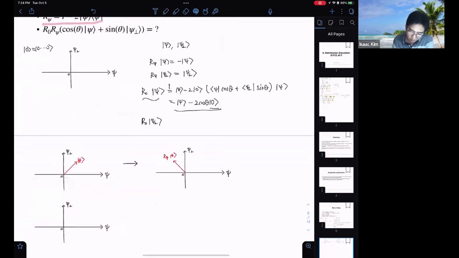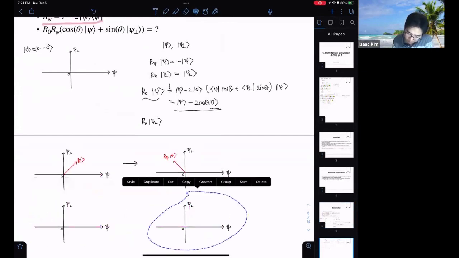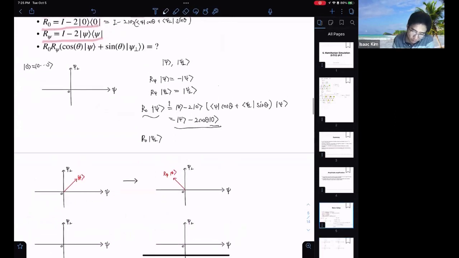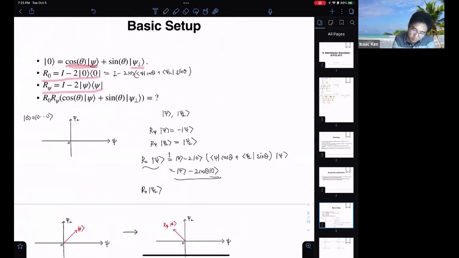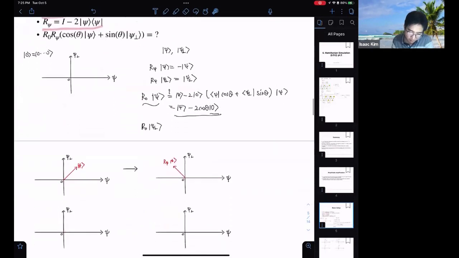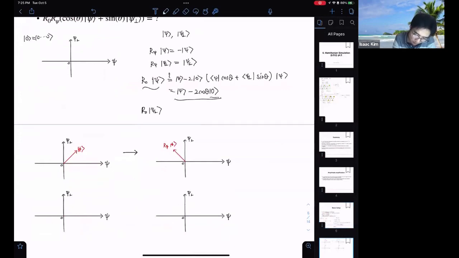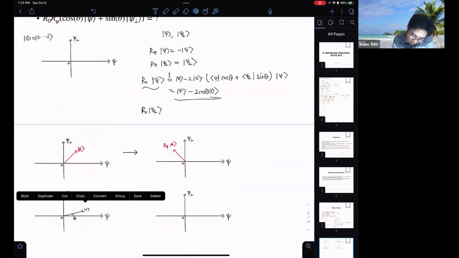What about R0? So if we go back above and look at this expression, 0 is, again, in the span of psi and psi perpendicular, and it's some vector with an angle of theta between itself and psi. So this is the 0 state.